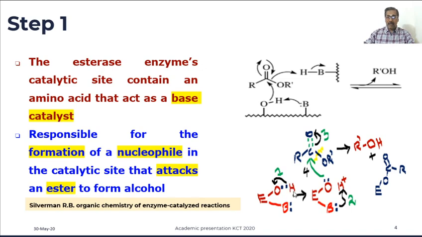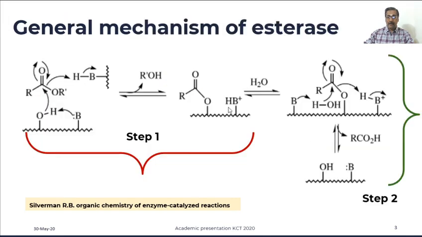Now this electrophilic hydrogen has lost an electron, so it is in need of an electron. You can see the base catalyst present in the enzyme's catalytic site contains a lone pair of electrons. So this base will act as a nucleophile. It will make a nucleophilic attack over this electrophile, and thereby a protonated base will be generated.